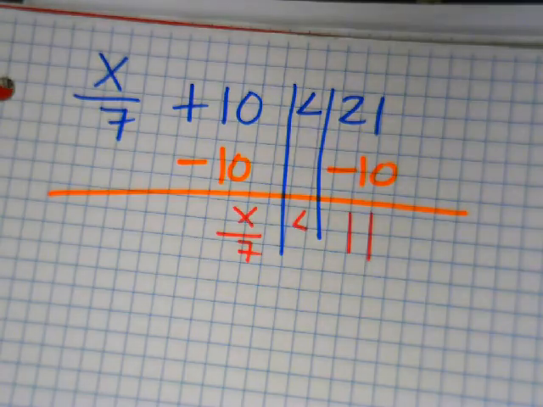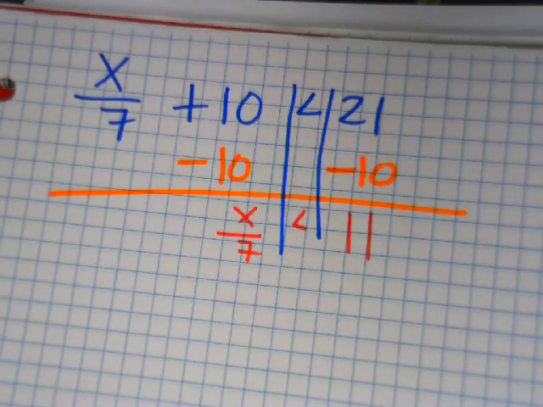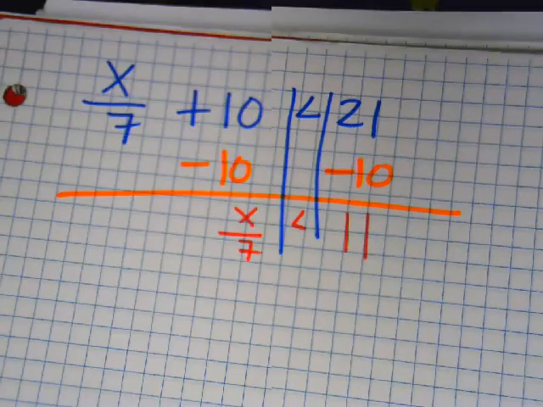Okay. What do I have left on this side? X over 7. Notice how I rewrote what I have left over. I don't skip anything. Now, I have x divided by 7. So what's the opposite of divide by 7? Multiply by 7.